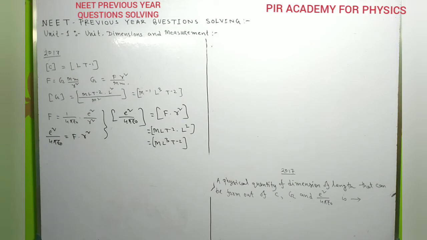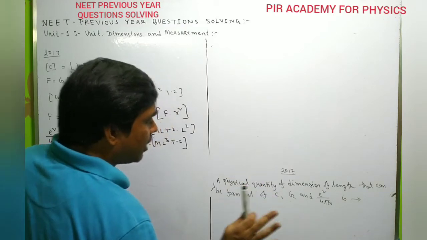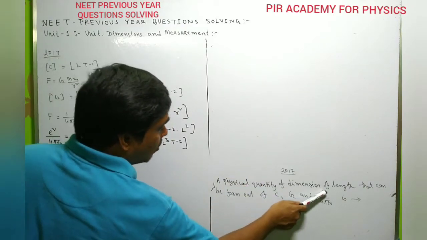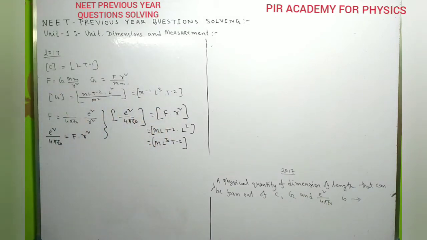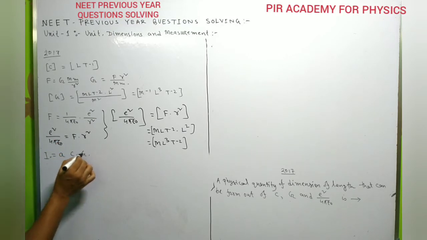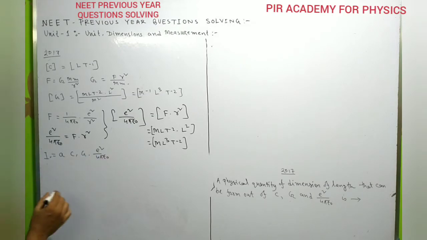Now, the physical quantity of dimension of length that can be formed of c, G and e square by 4 pi epsilon naught. Suppose a physical quantity l. This l can be expressed in terms of c, G and e square by 4 pi epsilon naught. So the dimension of l must be the dimension of length.